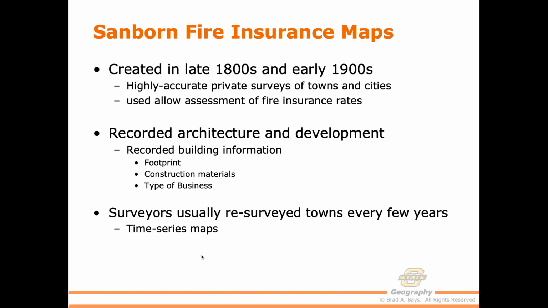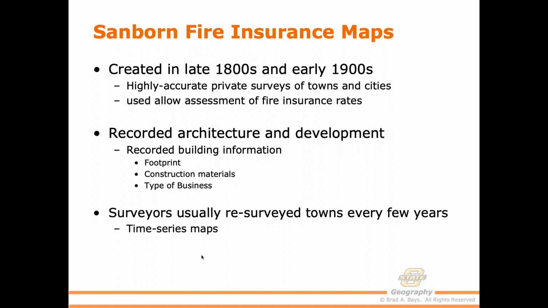And they were created with the purpose to allow fire insurance assessment. So, as you probably know, a lot of cities like Chicago and San Francisco burned to the ground and had a tendency to lose lots and lots of property very quickly.